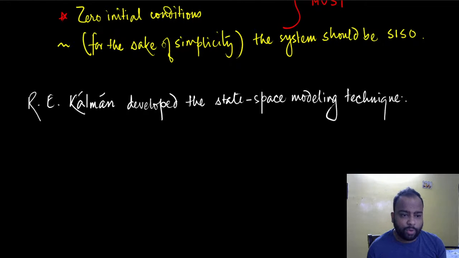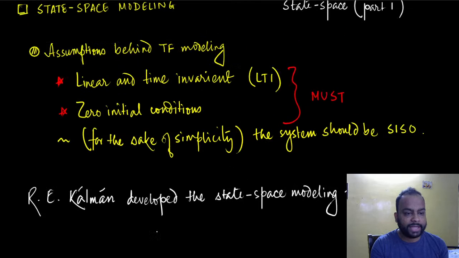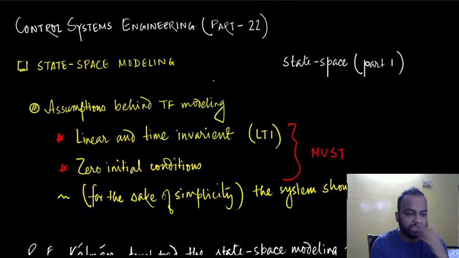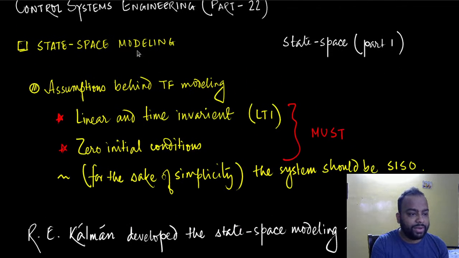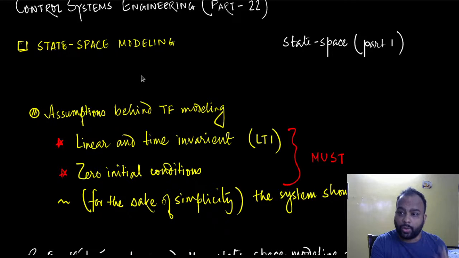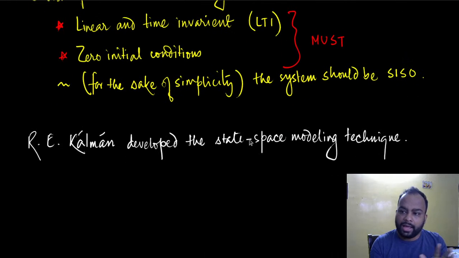But state space modeling is known as modern control. Whatever we learn here is actually used nowadays. So if you are a control system engineer designing control systems, you are probably not using the transfer function approach.